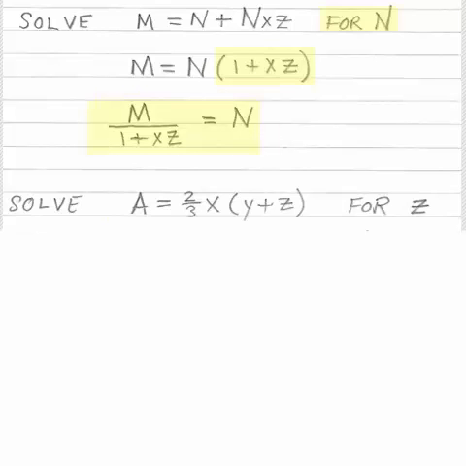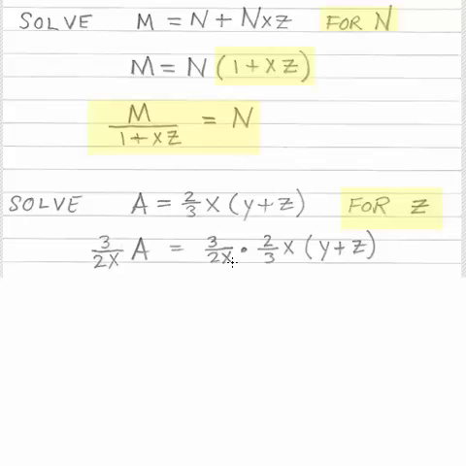In our next example, we solve the formula a equals 2/3 x times the quantity y plus z for the variable z. The first thing we need to do here is get rid of that 2/3 x. And we can do that quite easily by multiplying both sides by 3 over 2x.